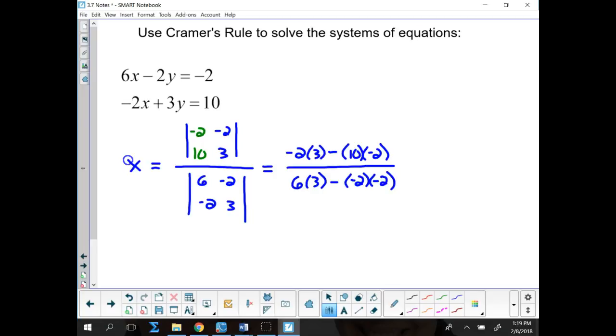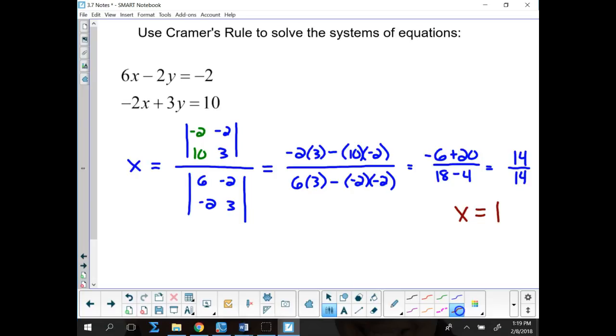So that's going to be -6 plus 20 all over 18 minus 4, which is going to be 14 over 14. So x here equals 1.